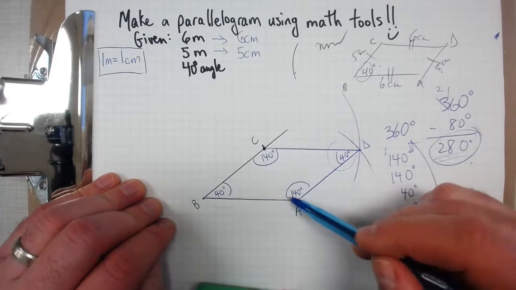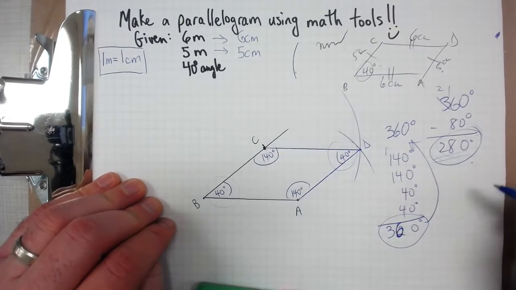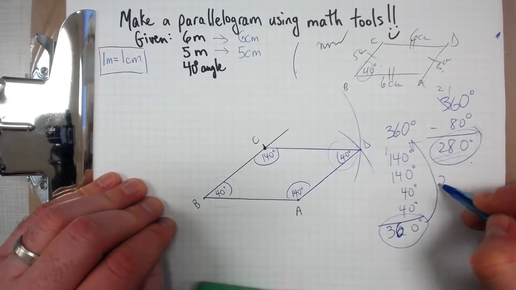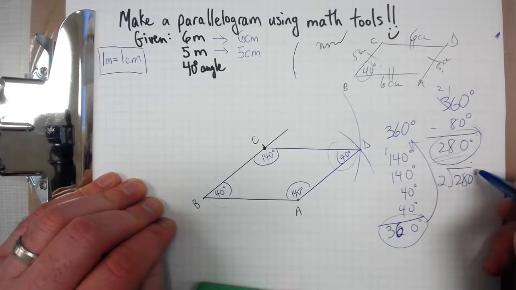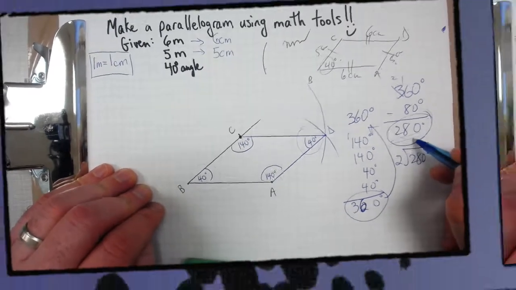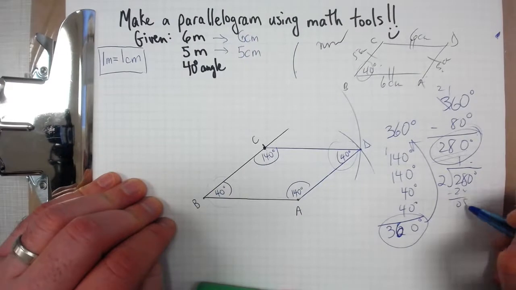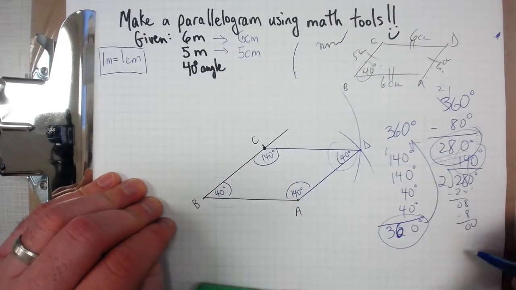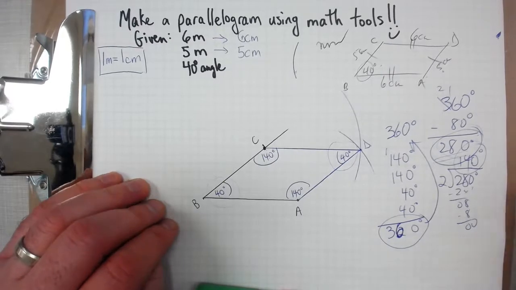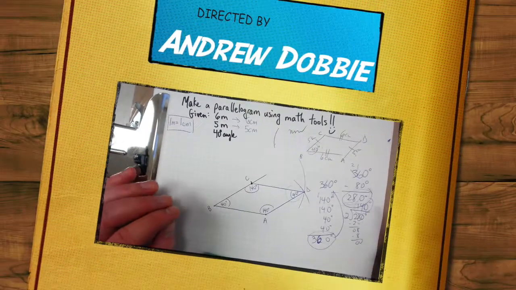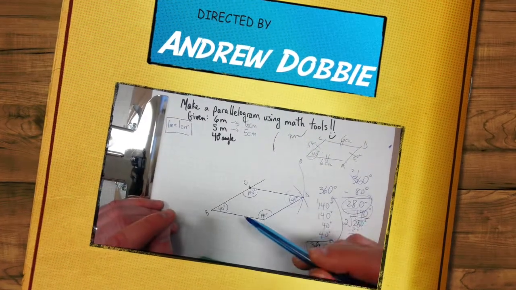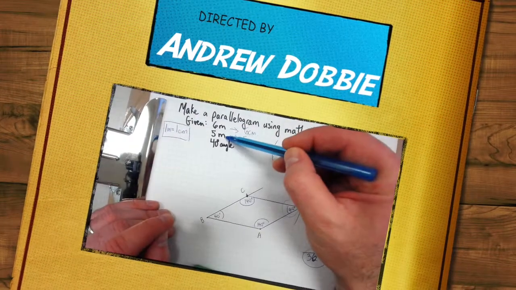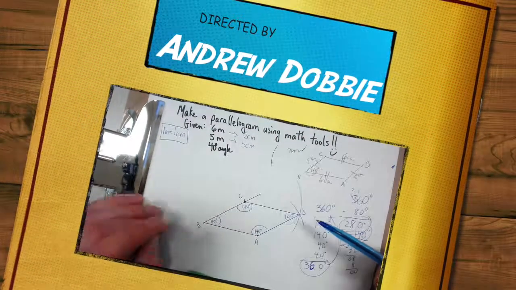Angle C and angle A. They should be half of 280. And half of 280 degrees is simply how much? You get it? 140. And you can double check it by saying 140 times 2 and running that calculation as well. So this is how you construct a parallelogram when you're given a side length, and an angle using math tools.